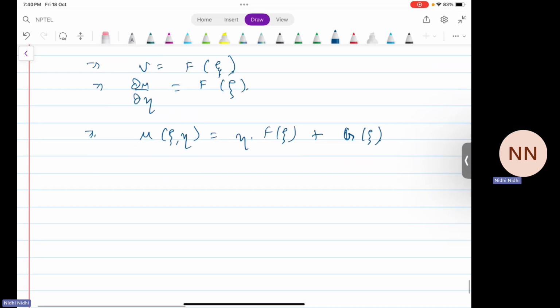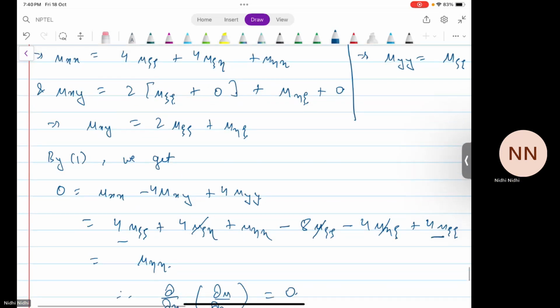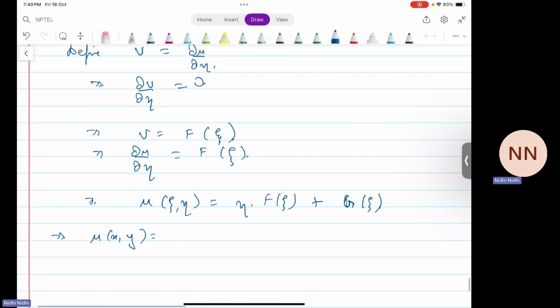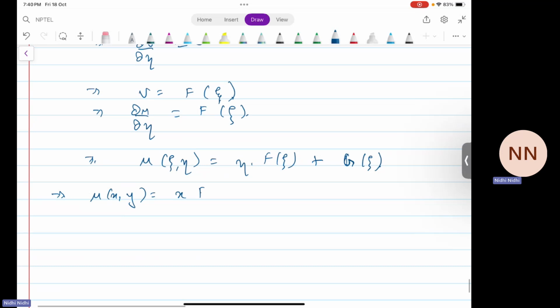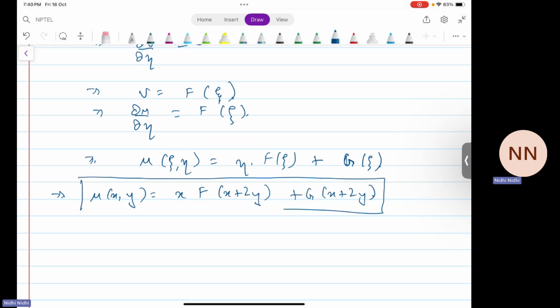So basically, now replacing back to xy, we get u of x, y is equal to, so this eta was just x, so this is x f of 2x plus y plus g of 2x plus y, where f and g are some arbitrary functions that will depend basically on some boundary or initial conditions. So this gives us our general solution.